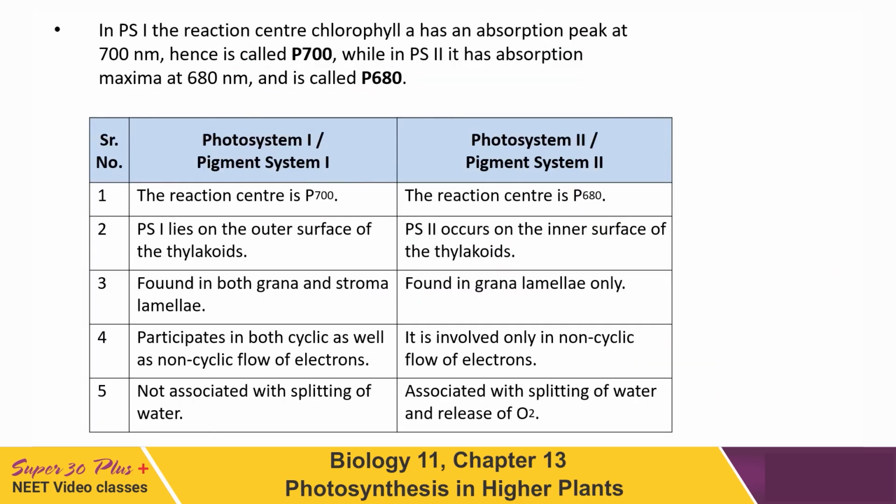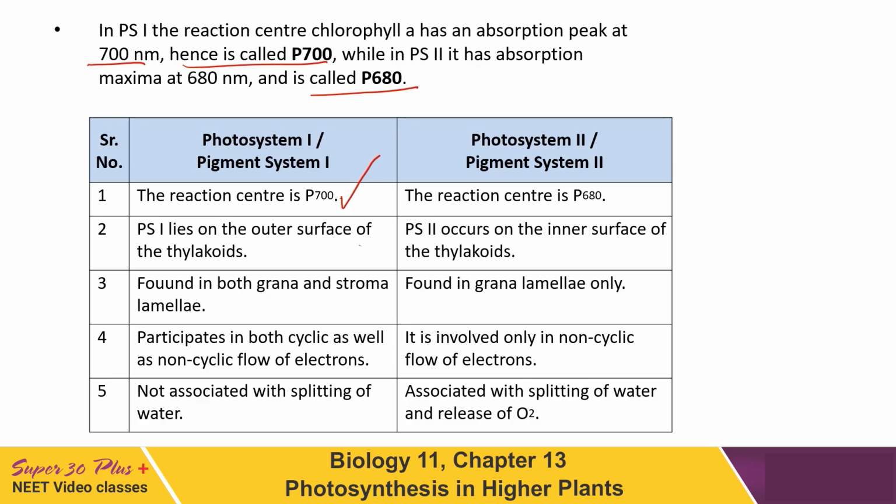Now PS1, the reaction center here has an absorption peak at 700, hence this is P700, and in pigment system second we have reaction center 680. Some other differences we can see here: in pigment system first or photosystem first, reaction center is P700. It lies on the surface of the thylakoid.